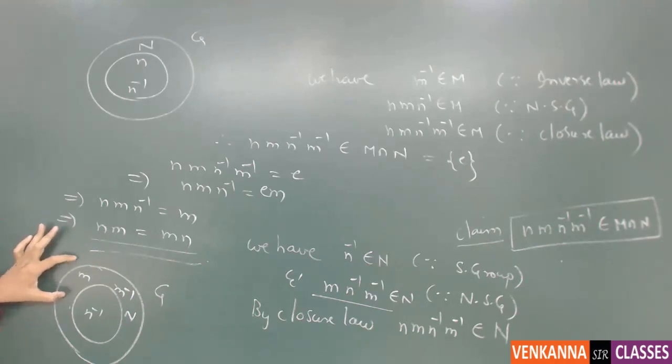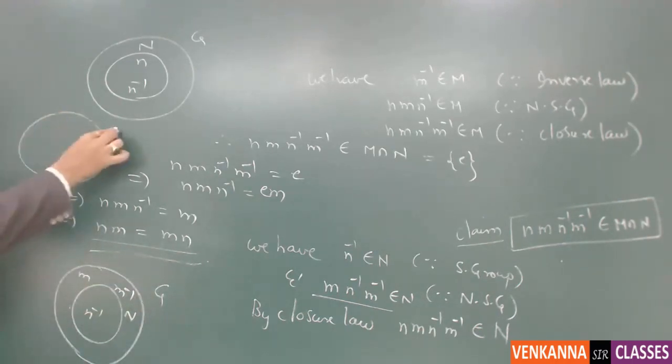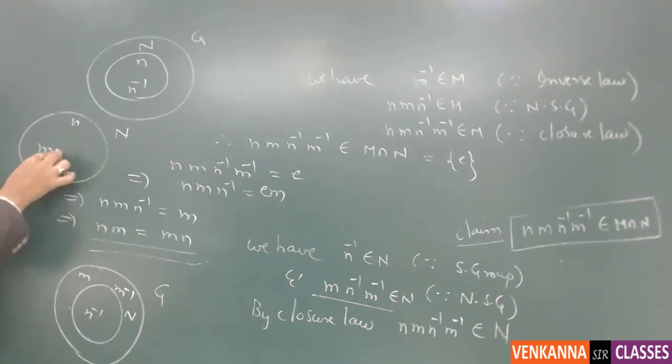Everyone, right? So third step, if you observe, I used the closure law. So closure law is nothing but I have taken the set N. It contains two values. So the product will belong to the set by closure law.